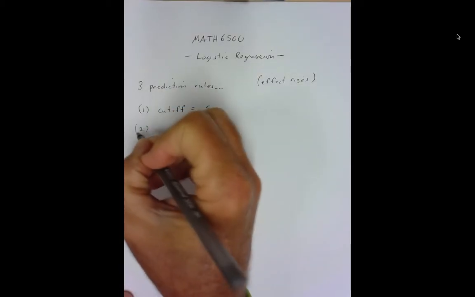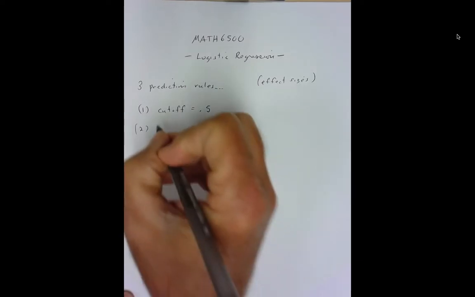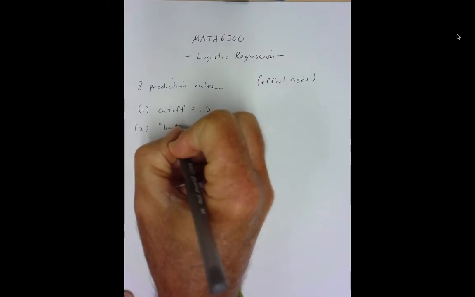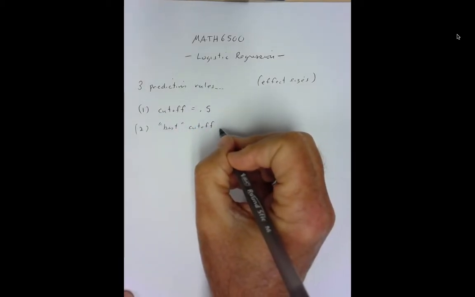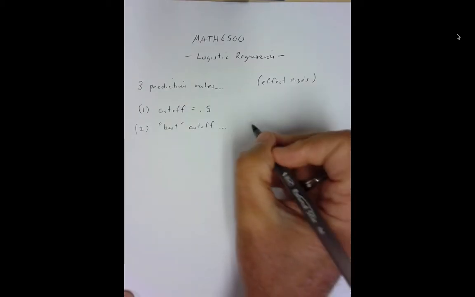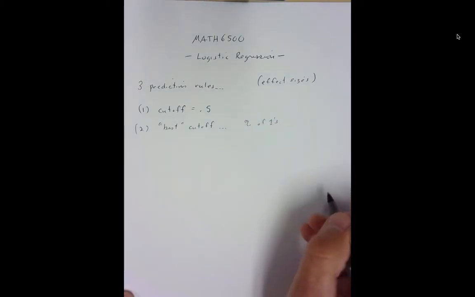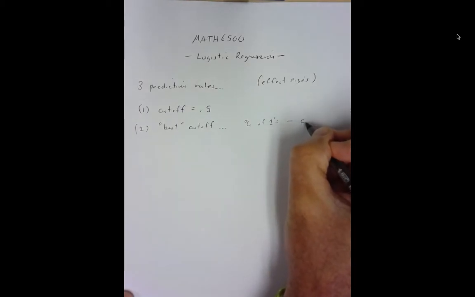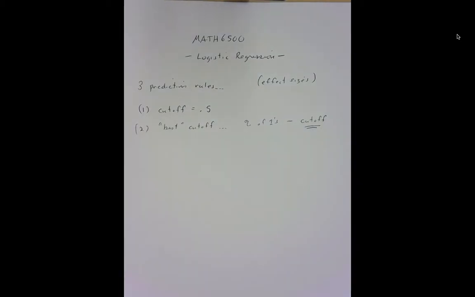Second approach would be finding the best cutoff. Couple of approaches here. What you could do is take the percentage of ones in your study and set that as your cutoff. That's kind of a reasonable approach.